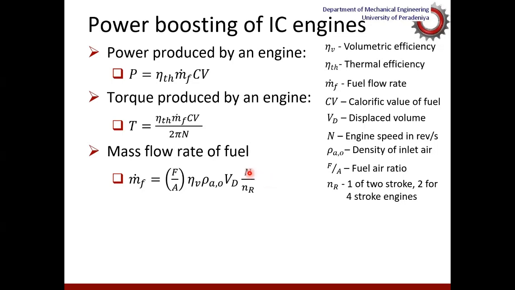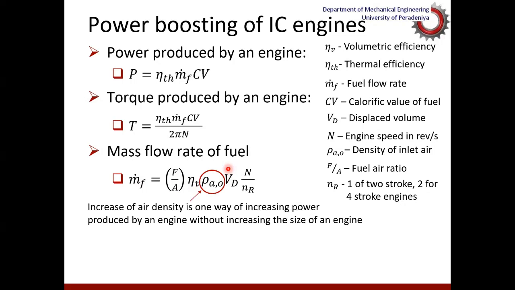And as you can see here, if you run an engine with a fixed air-fuel ratio, then the mass flow rate of fuel could be increased if you increase the density of the incoming air. So that is one way of increasing the mass flow rate. On the other hand, you can do the same thing by increasing the size of the engine, that is, the displaced volume.